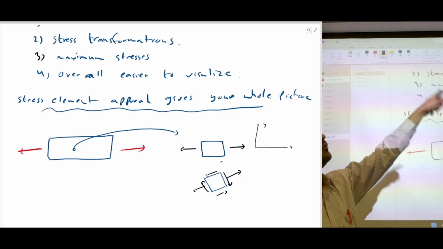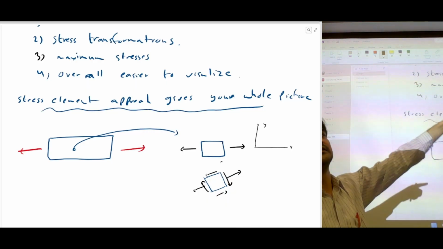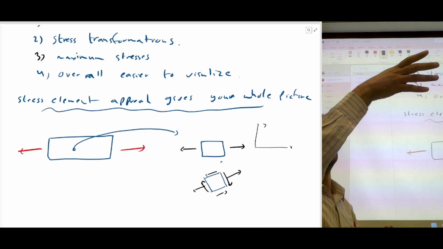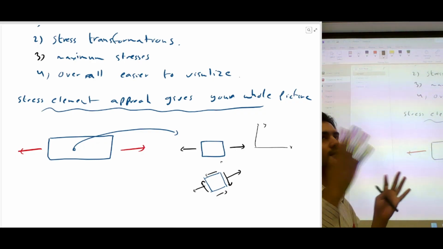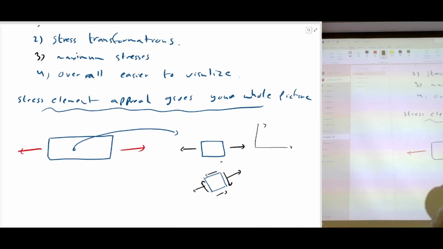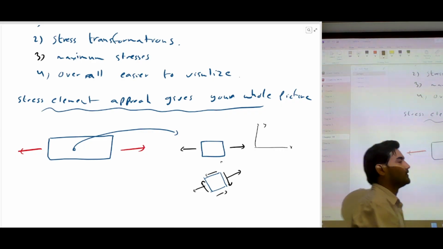This support could be simply supported, could be fixed support, depending upon how they're designed. So you have reactions, and you can calculate the internal loads in the floor, right? There would be all sorts of internal loads. You can combine those internal loads into a stress element, and then you can rotate the stress element, and that's going to give you the maximum stresses.